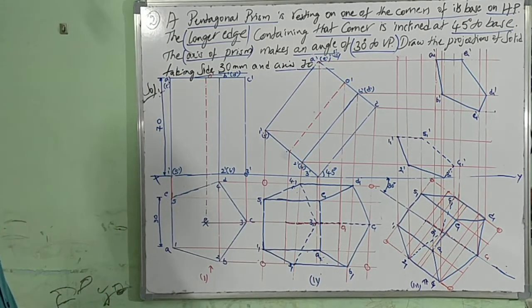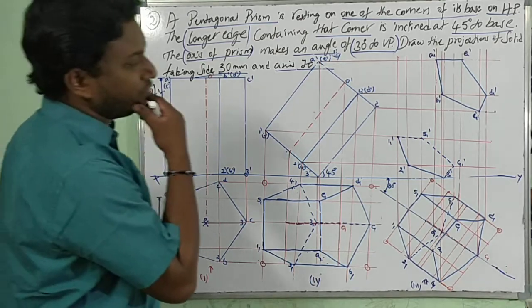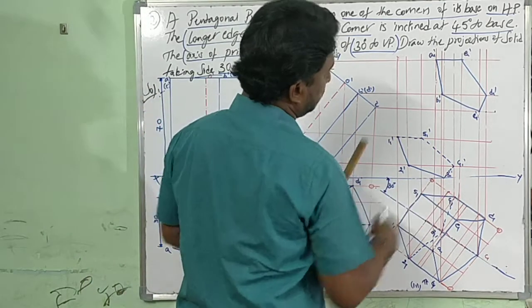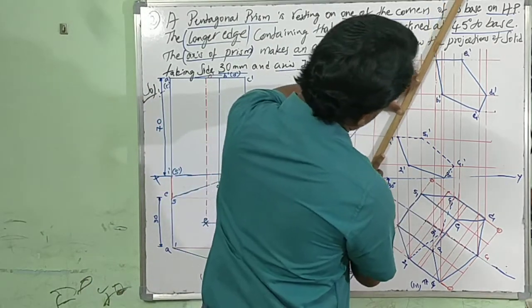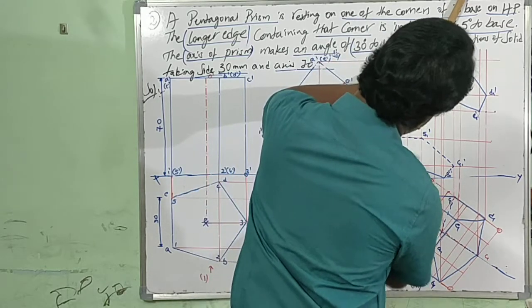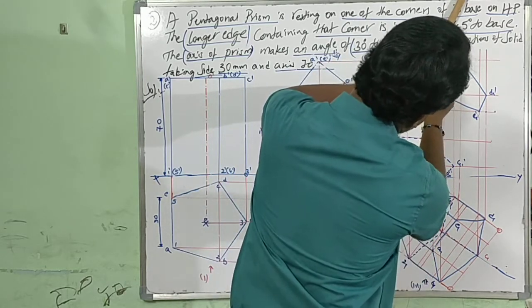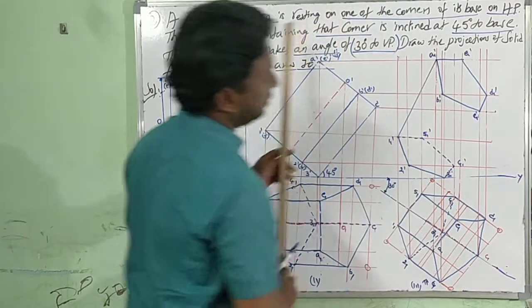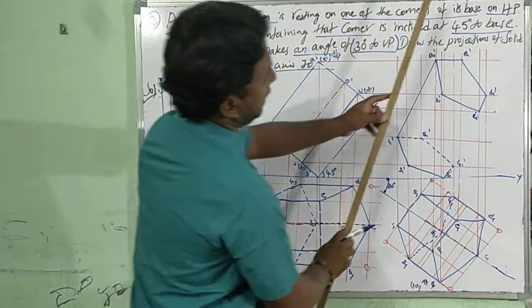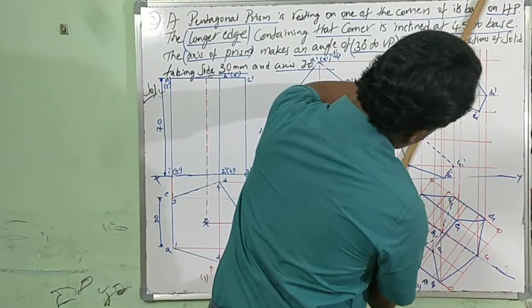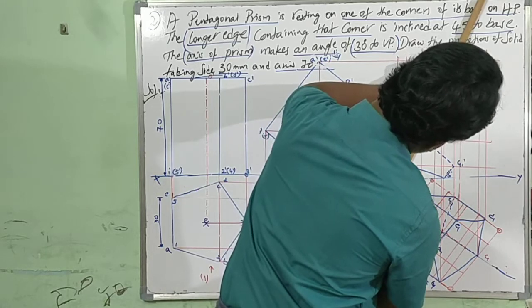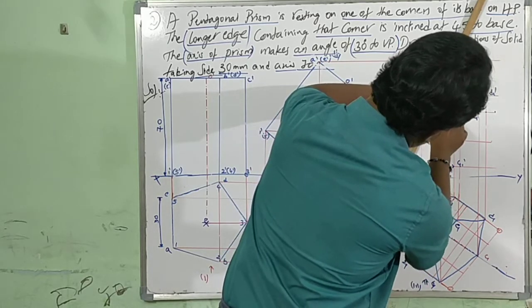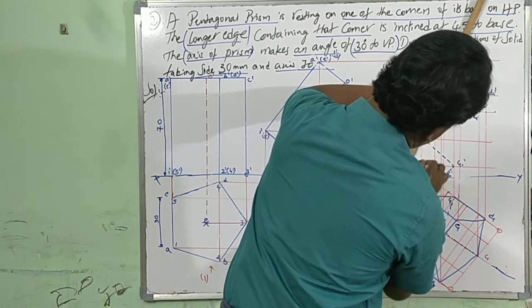Now the vertical edges, which should be thick. If you can observe, with respect to these points, A1 dash, 1, 1 dash, I can see clearly from outside, thick line. Same way, B1 dash, I can see clearly from outside, thick line.